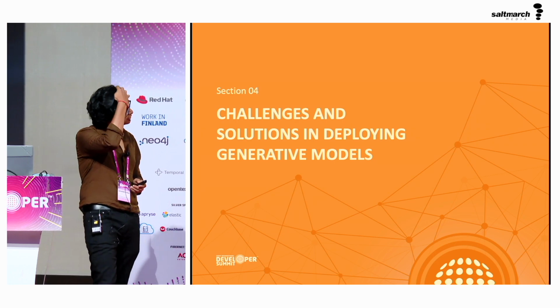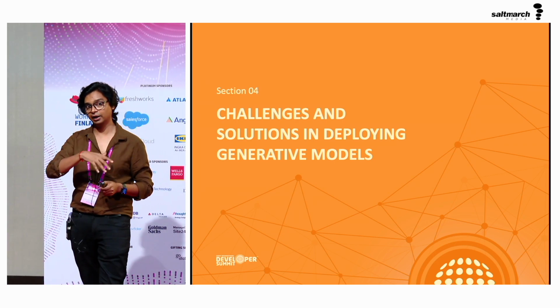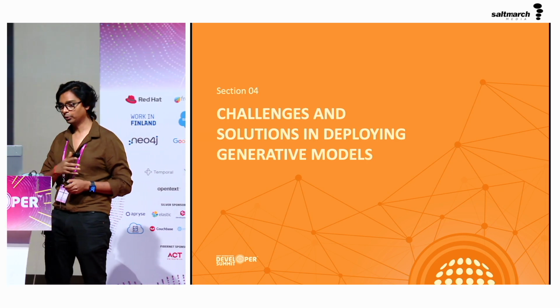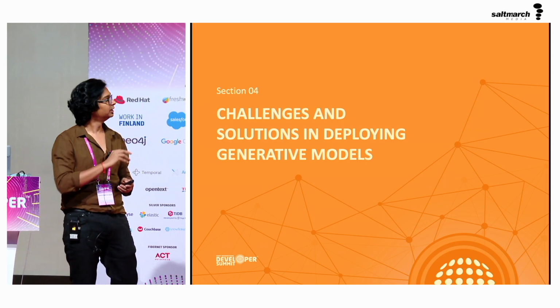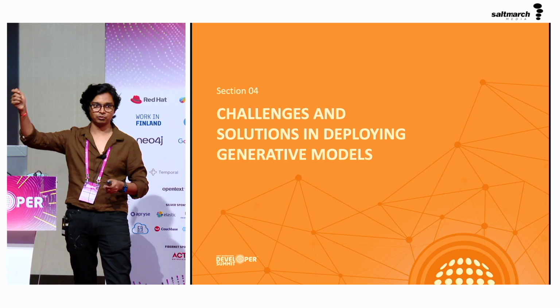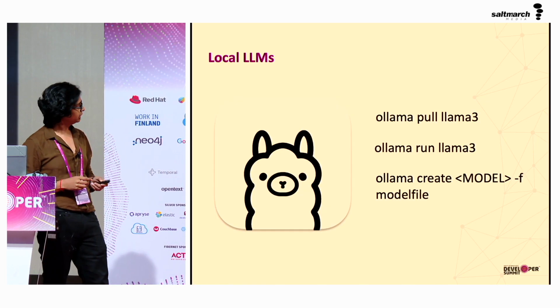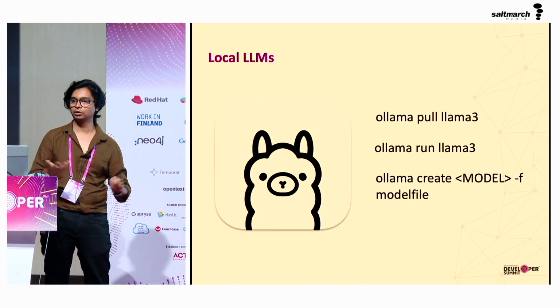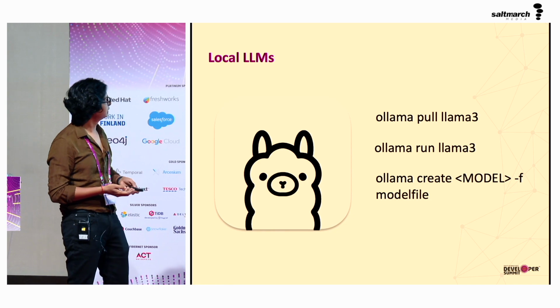So in terms of challenges and solutions, okay, now you got, I like these GenAI tools. How do I deploy it? How do I start to use it? You saw the plugins and the IDE. One obvious option is that you go and subscribe to these API providers, pay money, and then it will give you access. The other option is maybe start using local models. Maybe I don't need APIs. I run everything locally.